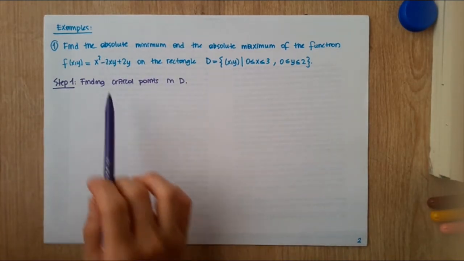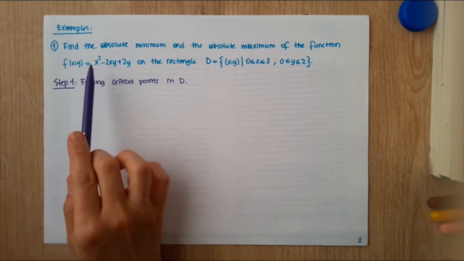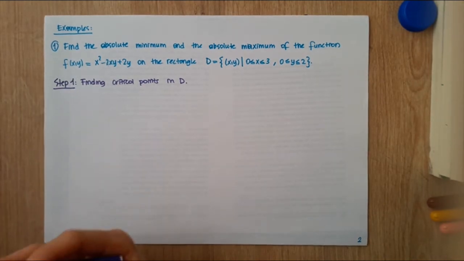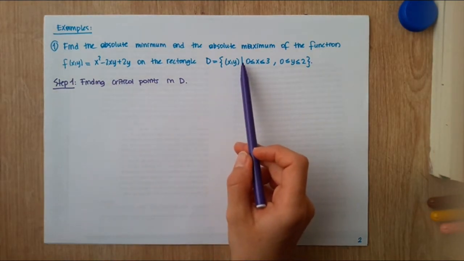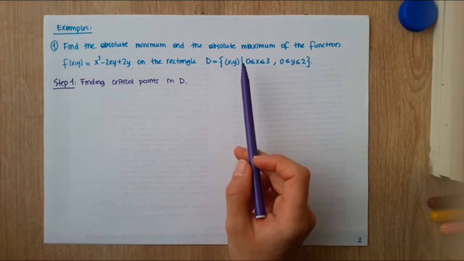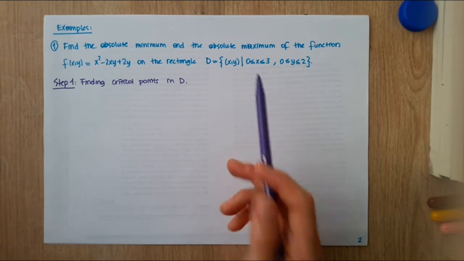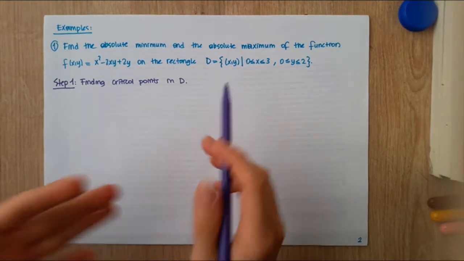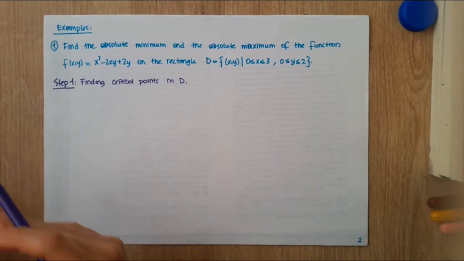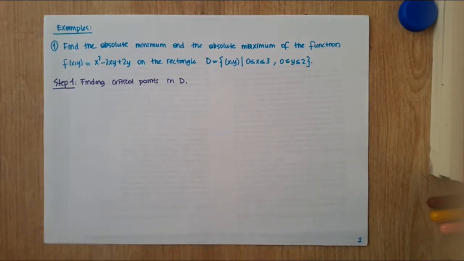As you can see, this function is a polynomial, so it's continuous everywhere. And we have a region, it is a rectangle, it is bounded and closed. So because of the theorem, we can say that in this region, this function has an absolute maximum and an absolute minimum. So to find them, we will first find the critical points in D, and then we will find the critical points on the boundary.